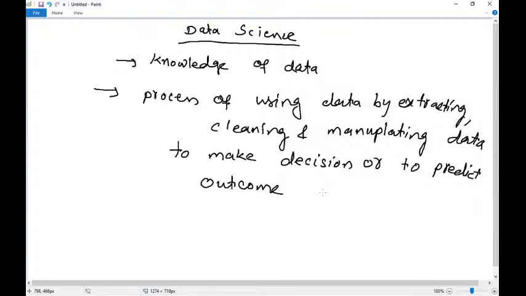Now we will come to another term that you may have heard, data analysis. Even Suraj asked a question: what is the difference between data science and data analytics? So now I'm coming to the next definition, data analytics.